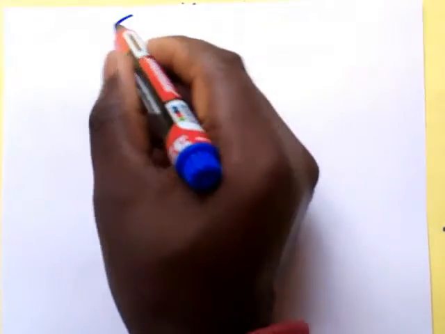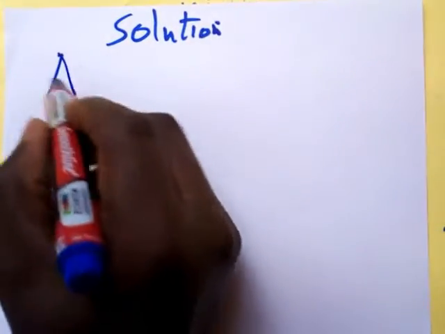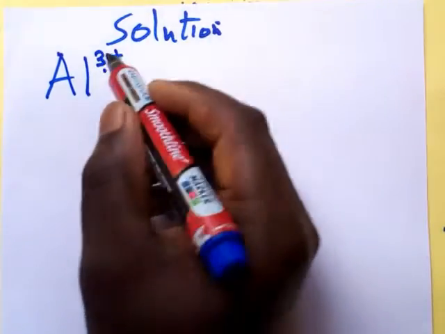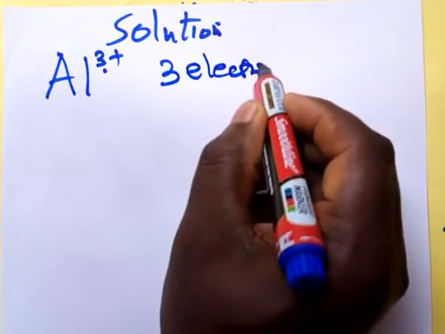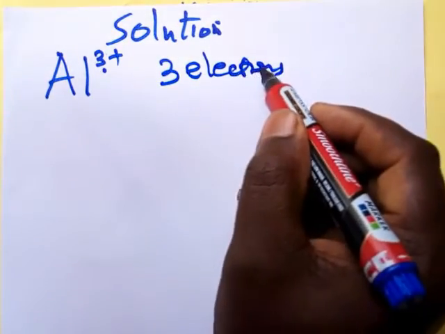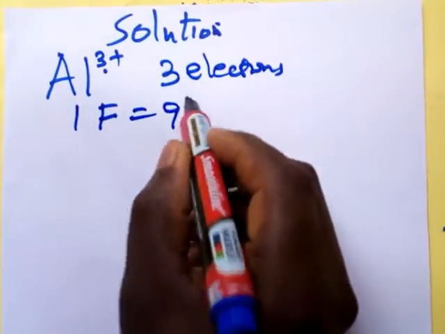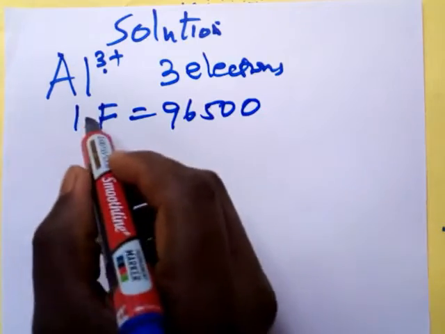In our solution, first remember we are dealing with aluminium, which has valence 3. Therefore, it has 3 electrons in the outermost energy level. We know that. It means that 1 Faraday contains 96,500 coulombs, and 1 Faraday is like 1 electron.